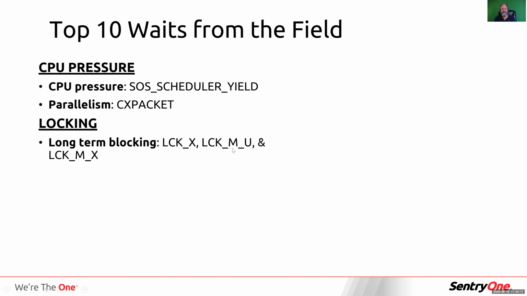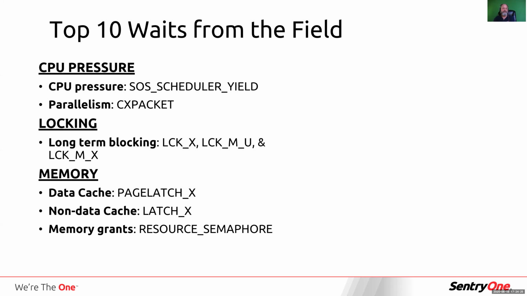Same with M_U, that means mutex update, and M_X means mutex exclusive. And then we have memory waits. And these are surprising to a lot of people because they didn't realize there were wait statistics that would tell you pretty much what part of the cache SQL Server is waiting on.